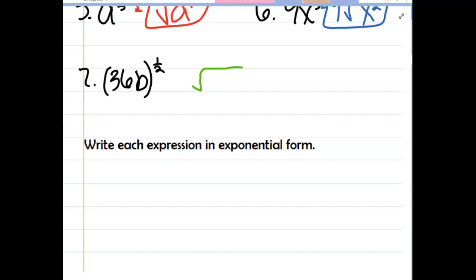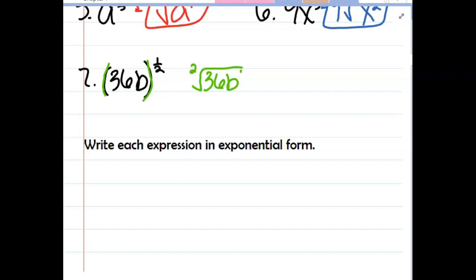What's my base here? All of it, yeah. Because this is raising whatever's in those parentheses to the 1/2 power. So we're going to put the 36b, the whole thing, under the radical. Okay? And then the exponent is to the first power, which just stays the same. And then my index is going to be a 2.